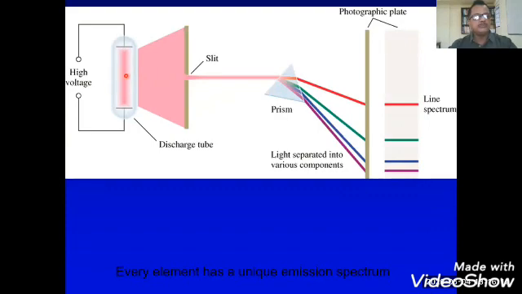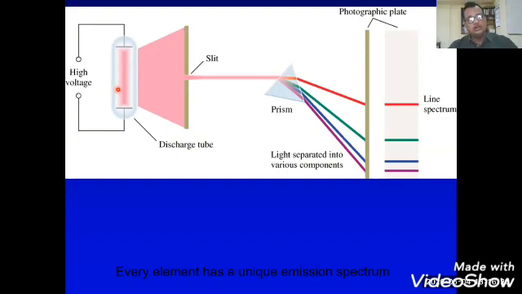This is a discharge tube where you take hydrogen gas, and it is subjected to a very high potential difference. The only electron in the hydrogen atom, in the ground state, remains in the first orbit.